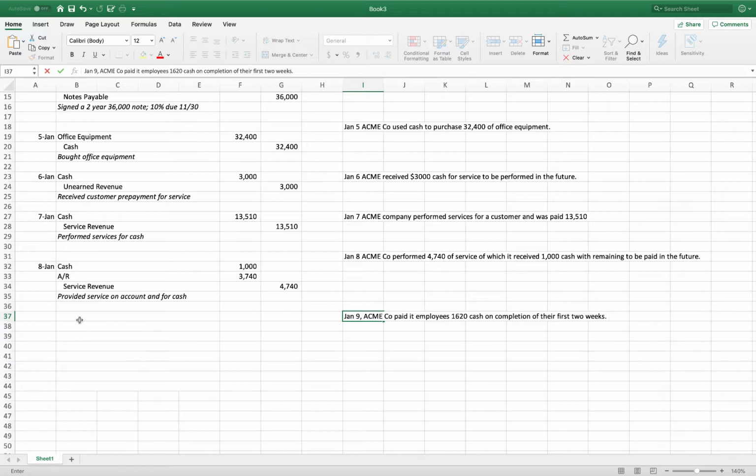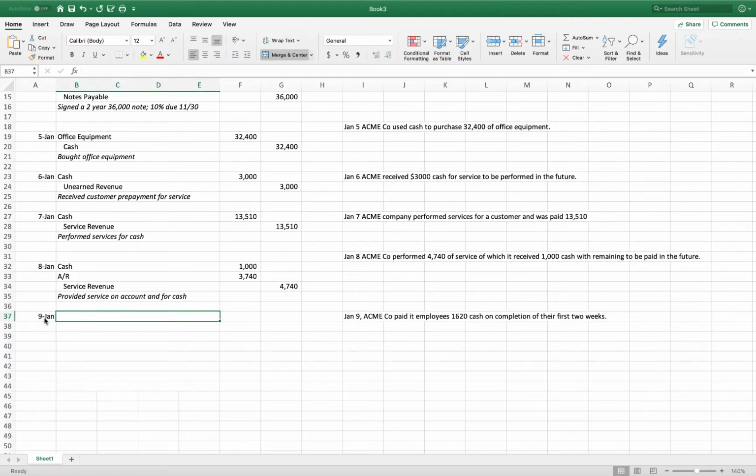So let's see what we do here. So on January 9th, we've already identified what's happening, right? And what accounts are going to be hit. I'm going to hit cash, and I'm going to hit wage expense, okay? Well, what do I debit? What do I credit? Well, I know assets increase with a debit, decrease with a credit. My assets are going down, so I need to credit my cash, okay?